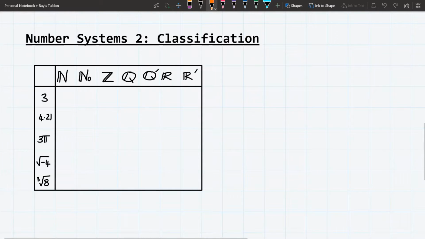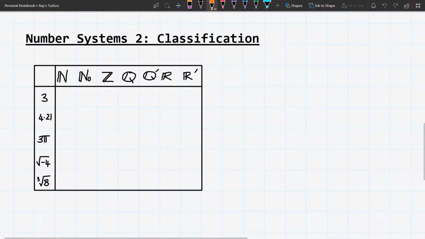In this video, we're having a look at number systems and it is the second video. So please watch the previous video on how we define each of the number systems before looking at this video. We have a set of numbers that we'd like to classify. Here are our numbers, and these are the different number systems they could belong to.